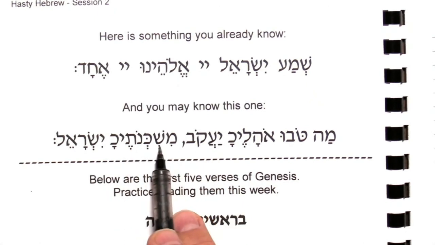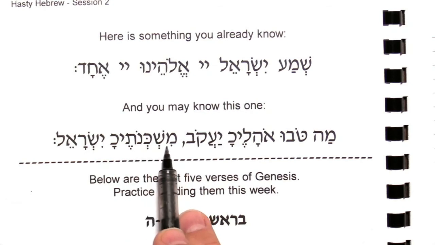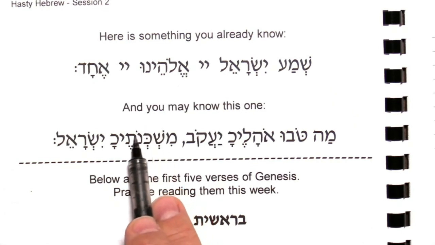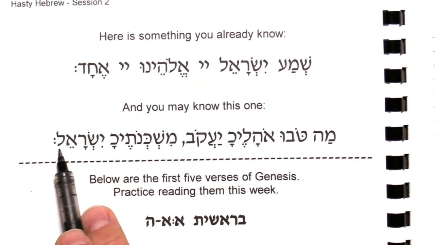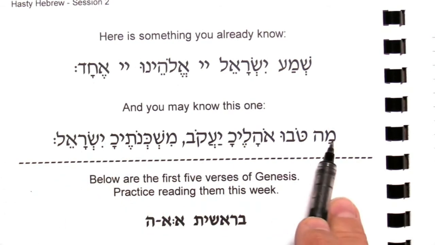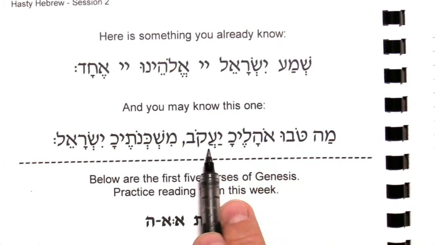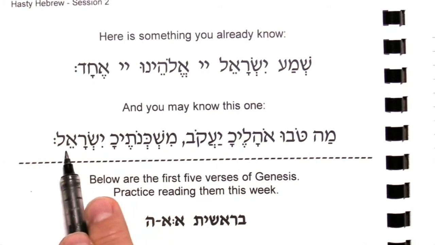Mishkenotecha, there's that word mishkan again. Tabernacle. Your dwelling places where you shakan. Mishkenotecha, Yisrael. Your dwelling places, O Israel. How goodly are your tents, O Jacob, your dwelling places, O Israel.